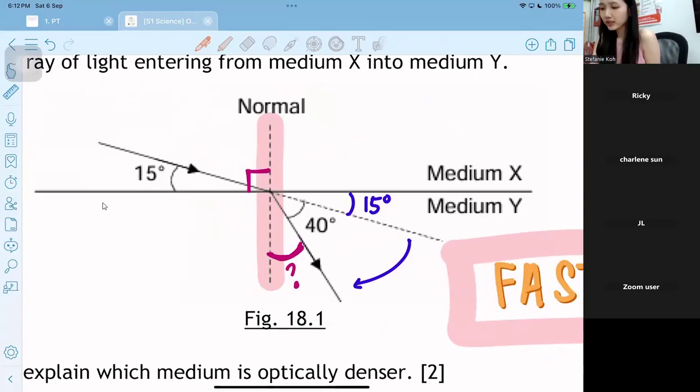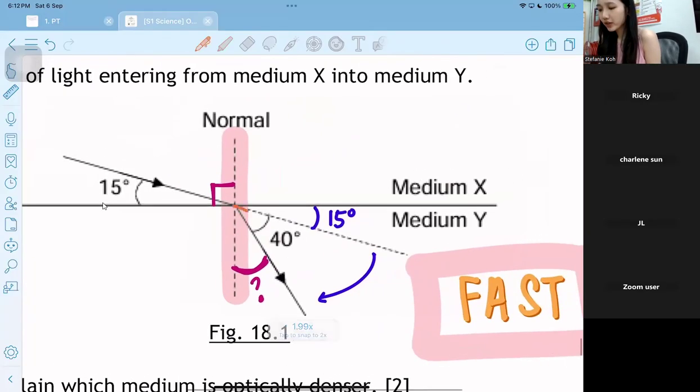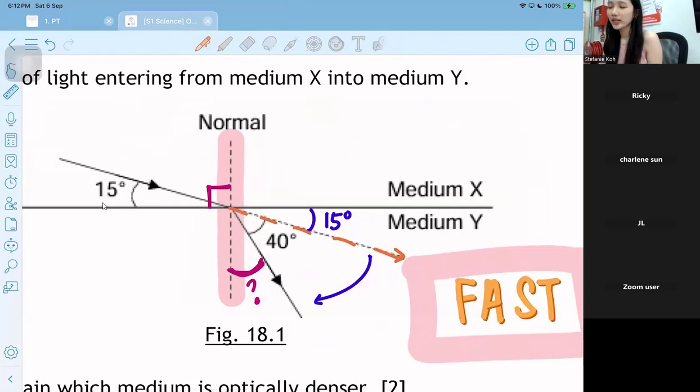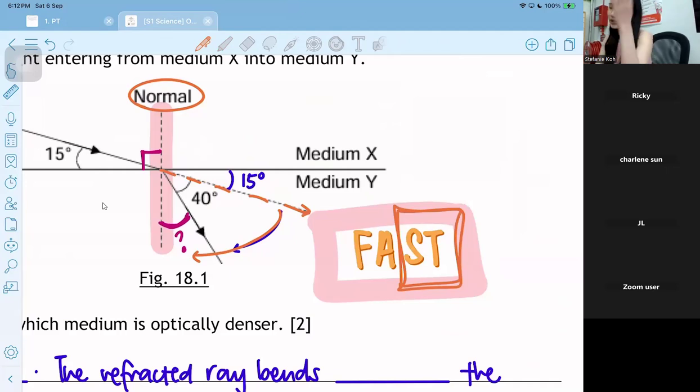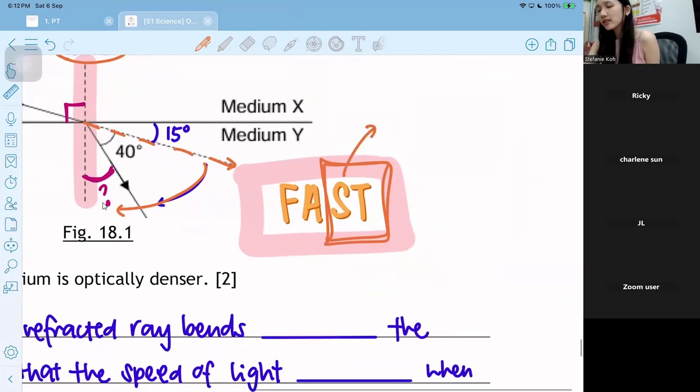So this ray, if it were to be going straight, it would have looked like the dotted line one. But it in fact did not go straight. It bent towards where our normal is. So we're looking at fast and away, slow and towards. Slow means, is the shopping mall crowded when you're walking very slow?